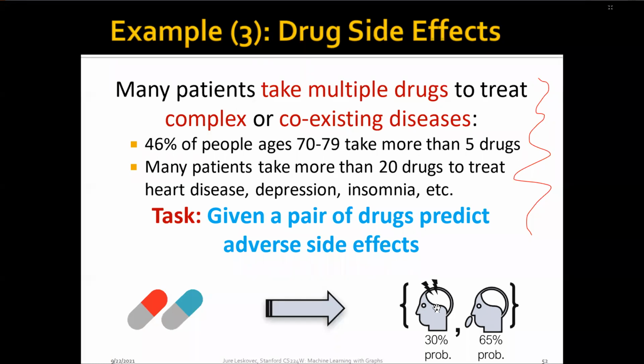So it's really lots of combinations to try out. It's just impossible to figure out all these side effects of these pairs of drugs. So that's why they need prediction models to predict this based on the existing side effects they already know.